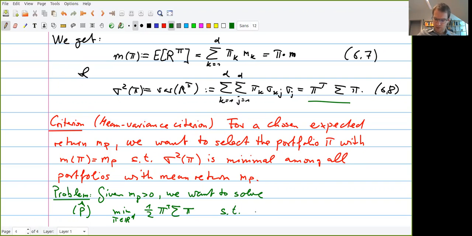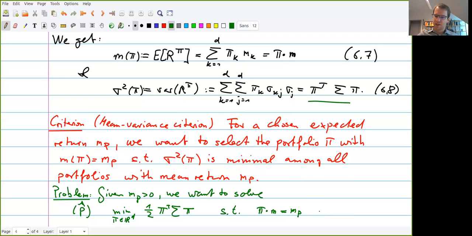Such that, well, what are my constraints? I want to trade in a market which generates this given level of expected returns. So my pi, the scalar product with the returns on the market, has to match this level.